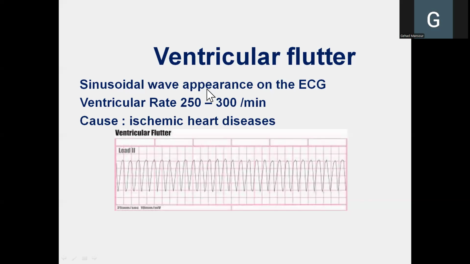So in ventricular flutter, the rate is usually between 250 to 300 beats per minute. And this is a rate that's higher than the rate of the SA node, of course. And the cause, as I said, is ischemic heart disease.